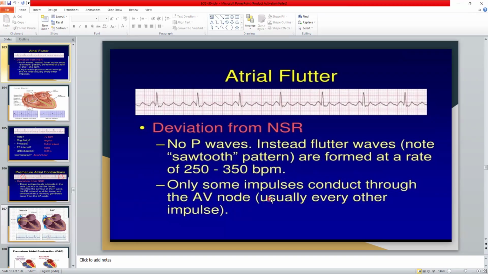So, only some of the impulses are conducting through the AV node, because you are finding a QRS complex in between. So, that means some impulses are conducting from the SA node to the AV node. Usually every other impulse, like see here the sawtooth appearance, these are the flutter waves. In between, this is the normal QRS complex.